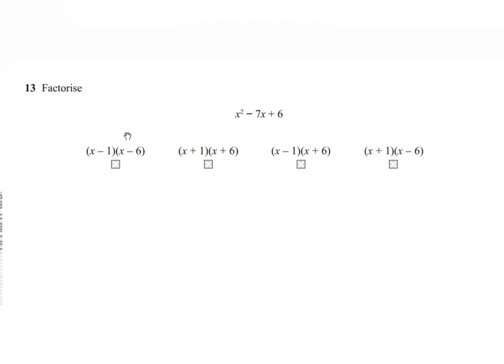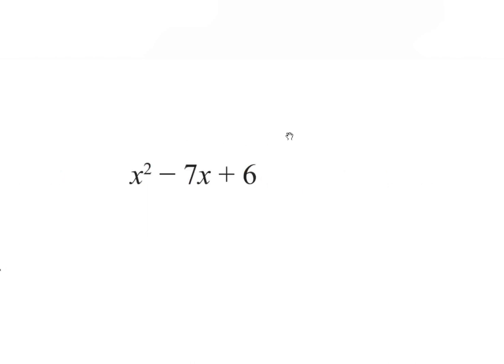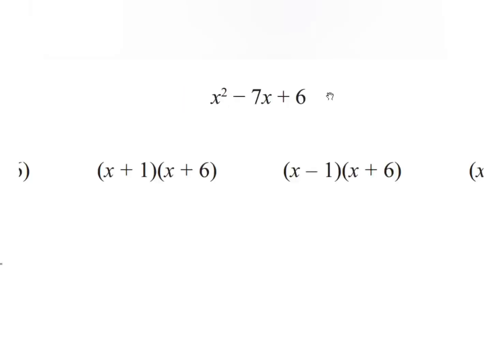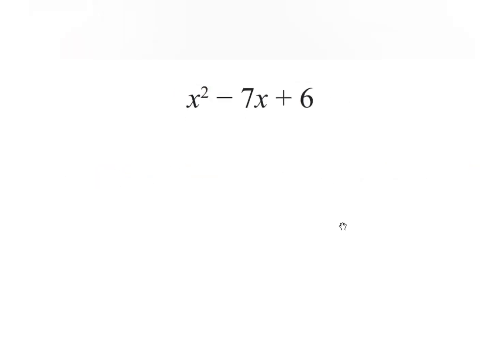Let's zoom in so I can show you the idea of factorizing. So we have x squared minus 7x plus 7. First, we come here to the last sign, we put plus, it means add. Plus means what? Means add. Follow these steps and you'll be good in factorizing.